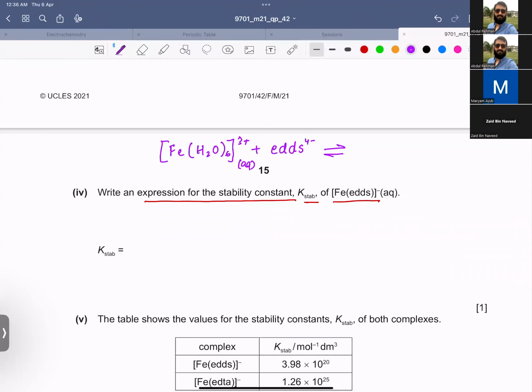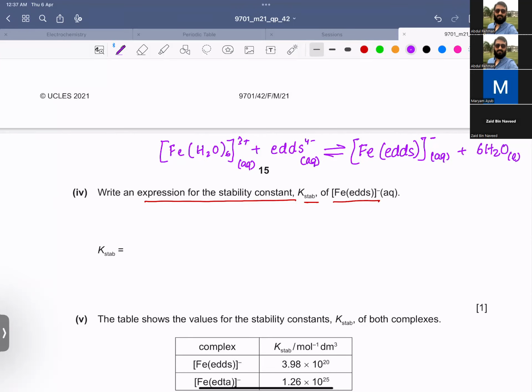It is aqueous. Now FeEDDS 1 negative complex forms and 6 water molecules.